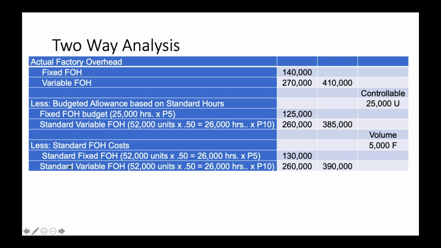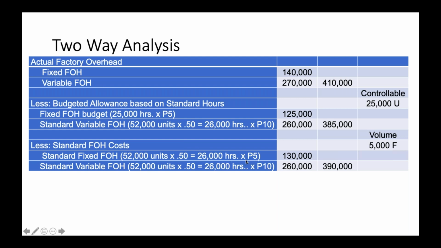That's unfavorable because actual factory overhead is greater than the budgeted allowance. For volume, standard fixed, 52 units at 0.50, or in short, 26,000 hours. As you can see, if we compare the normal capacity versus the standard hours, we have a difference of 1,000 hours. That is what I'm saying, that normally fixed cost is based on the normal capacity, but sometimes when we apply to the standard, we will now have a difference in terms of hours.